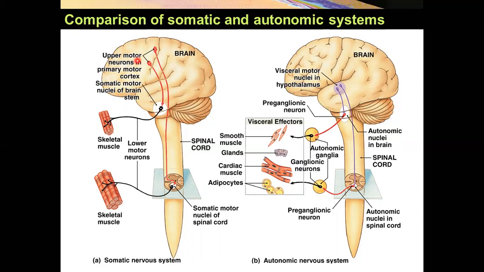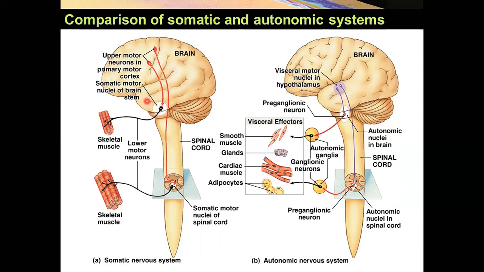In other words, these descending pathways are the upper motor neurons, and they stimulate the lower motor neurons.